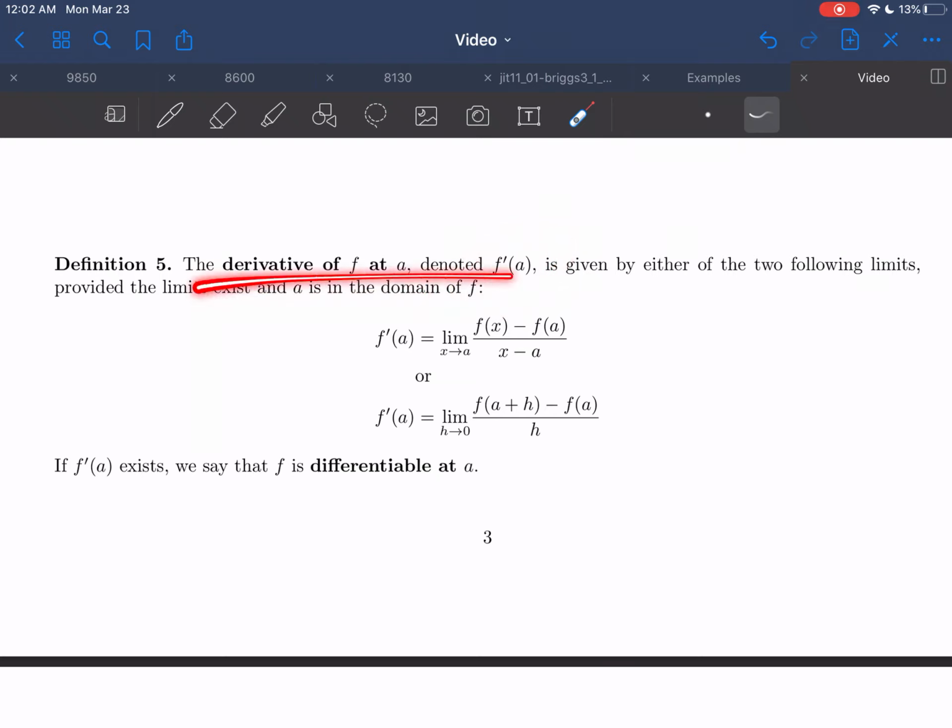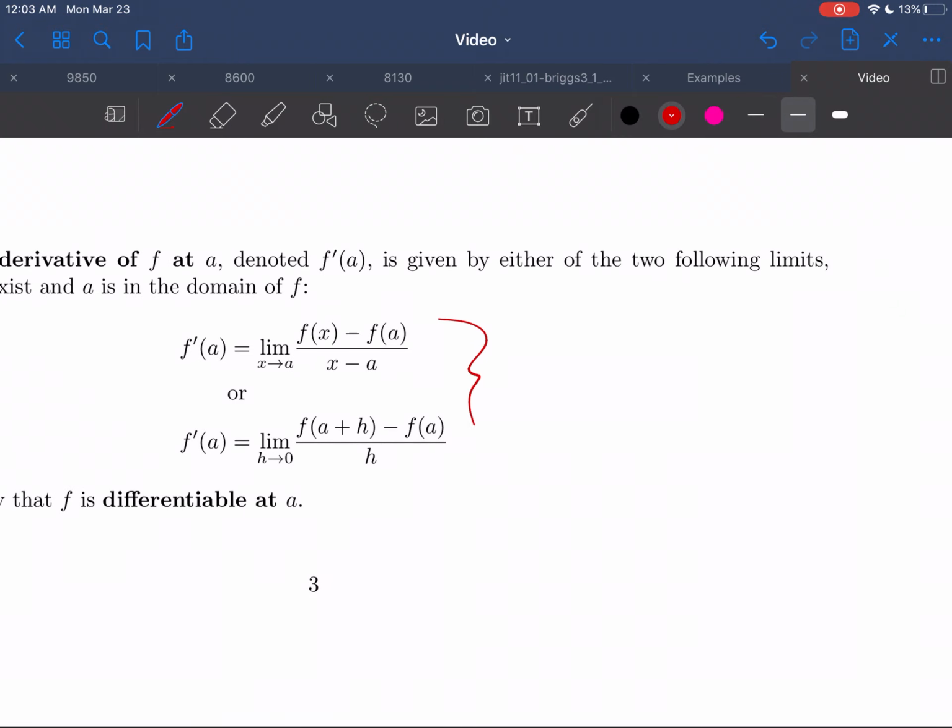This derivative is given by either of the following two limits, as long as the limits exist and a is in the domain of our function. Then either one of these will give us our derivative. Doesn't matter which one, they'll both do it. Now, what are these limits? Well, think about this.